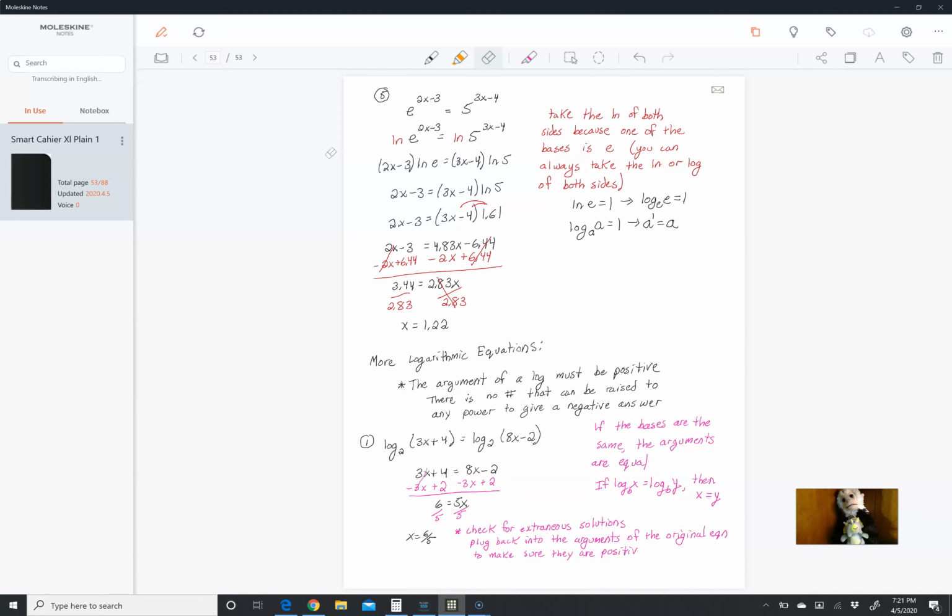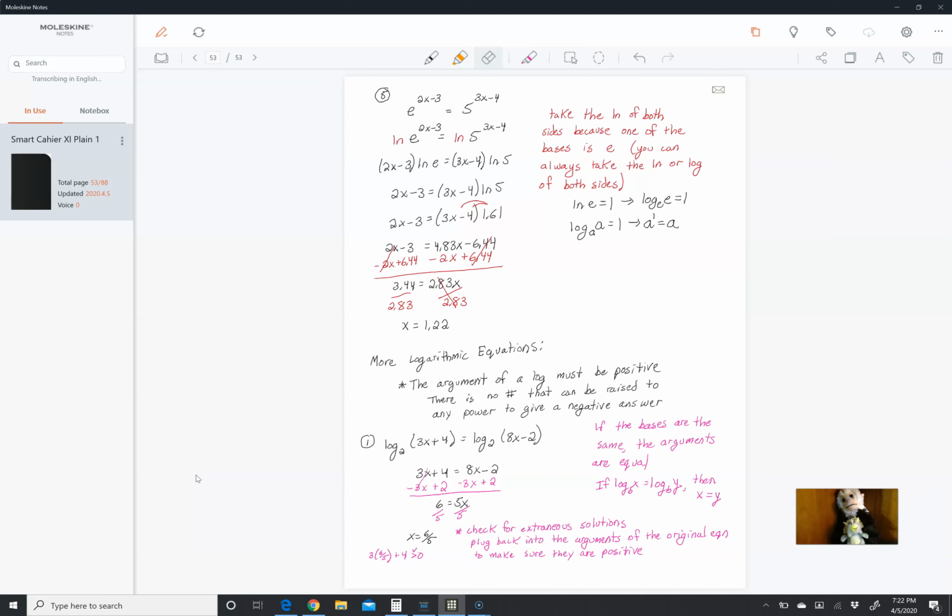A lot of times it won't work if the x is negative, but that's just by coincidence. The x can be negative. So what we're looking for is that 3 times 6 over 5 plus 4 is greater than 0, and it is.